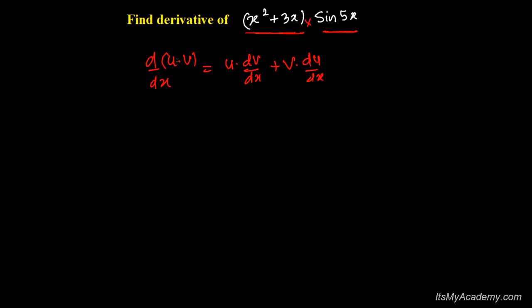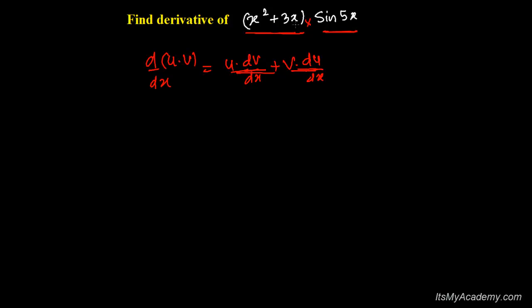Like u for audio and v for video: u dv plus v du. That's very simple. We have discussed this a lot while discussing the product rule and applying it to algebraic functions.